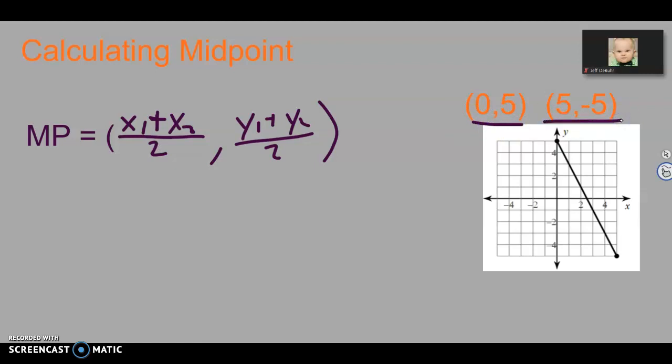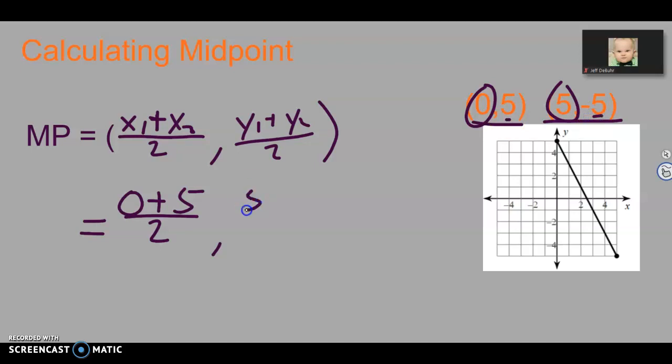So in order to find the midpoint of this segment, I simply add the x values, 0 plus 5, divided by 2, comma, your y values, 5 plus negative 5 divided by 2. That point is going to be the midpoint of our segment.